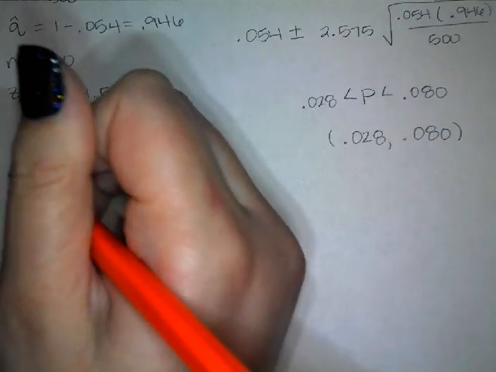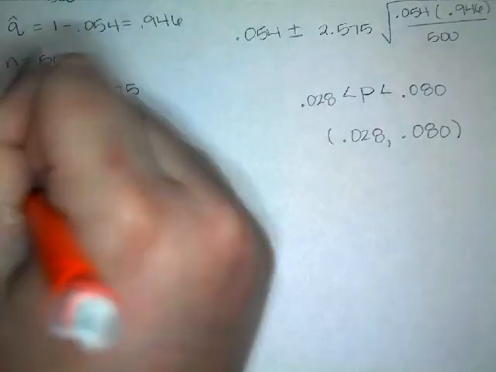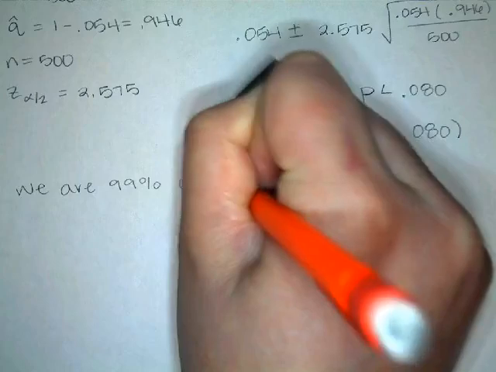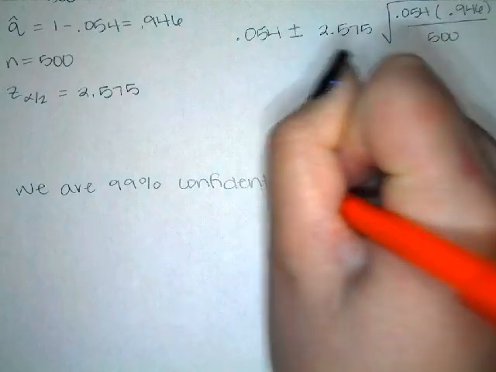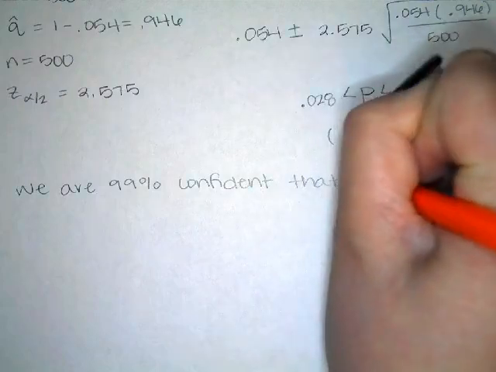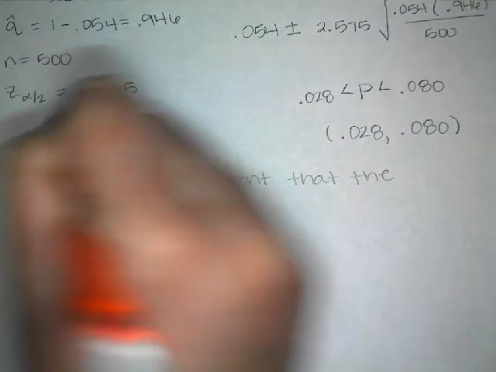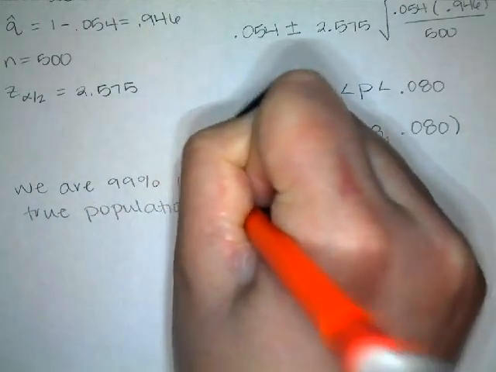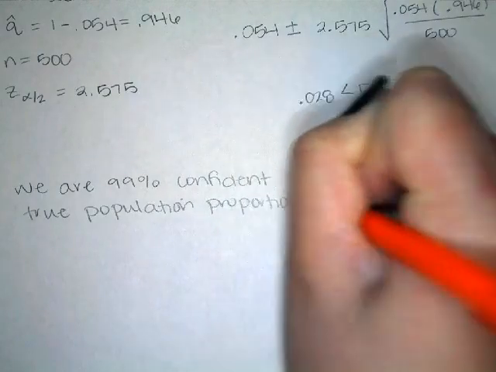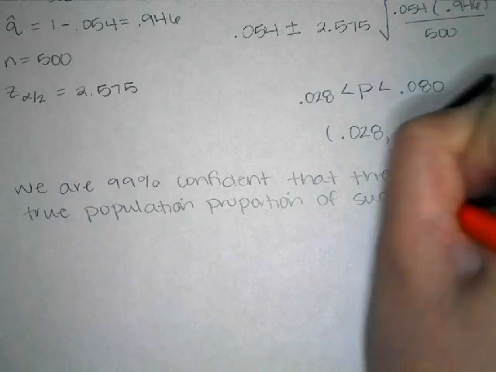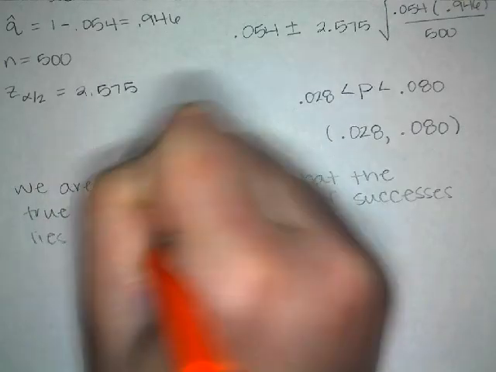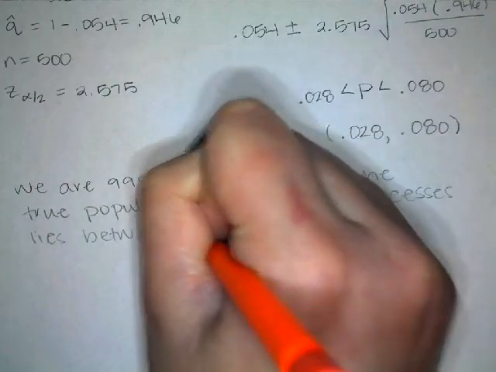So we are 99% confident that the true population proportion of successes lies between 0.028 and 0.080.